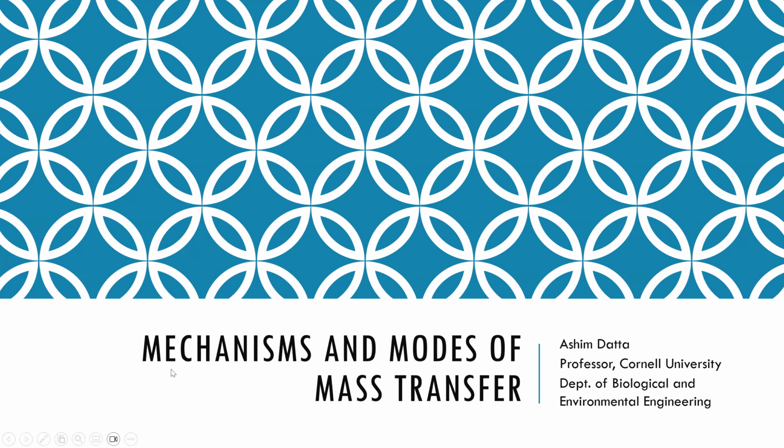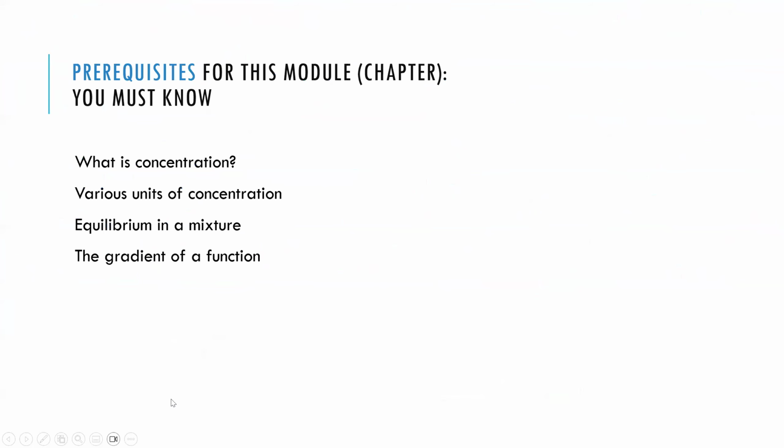So let's see. What are the prerequisites for this module? Now, if we are going to talk about mass transfer, we need to know how much mass is there. So what is concentration? We have to define it properly, and the various units of concentration.